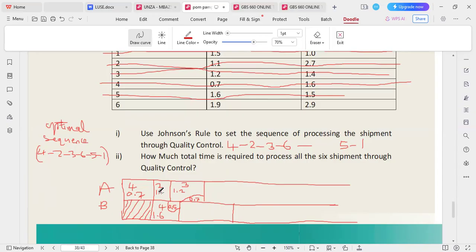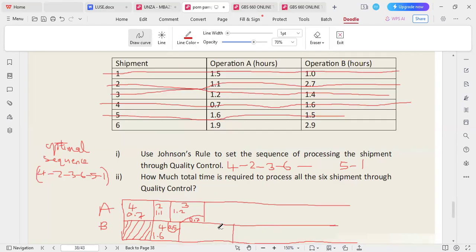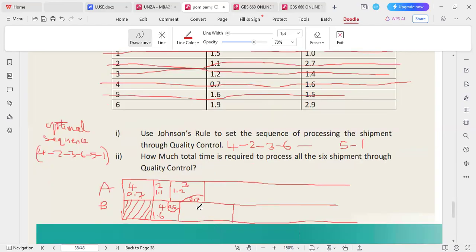So job 2 should run in operation B. Job 2 in operation B is 2.7, which is taking 2 hours longer here.